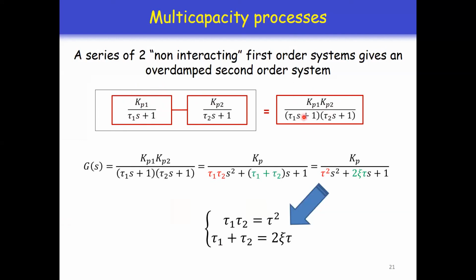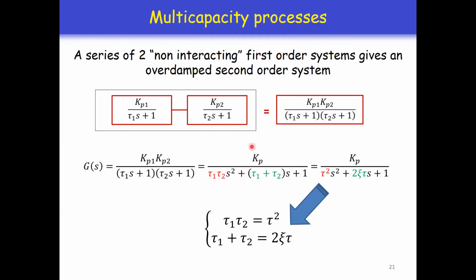And so the overall transfer function is Kp1 Kp2 divided by (tau 1 s plus 1) times (tau 2 s plus 1). So let's develop this product at the denominator, and we get an expression that I'm highlighting now with my pointer.